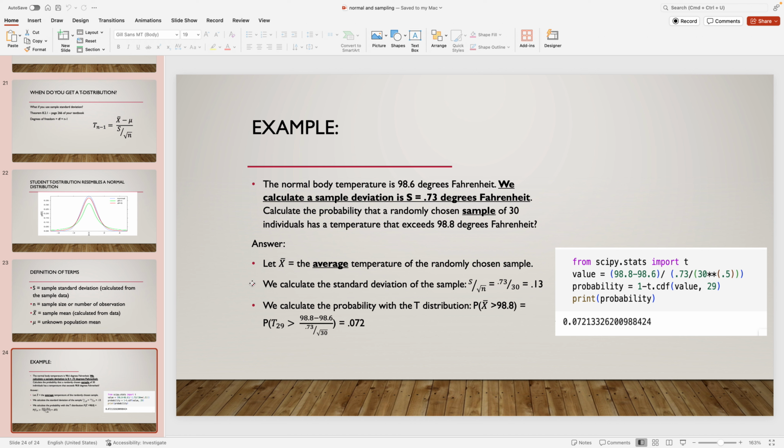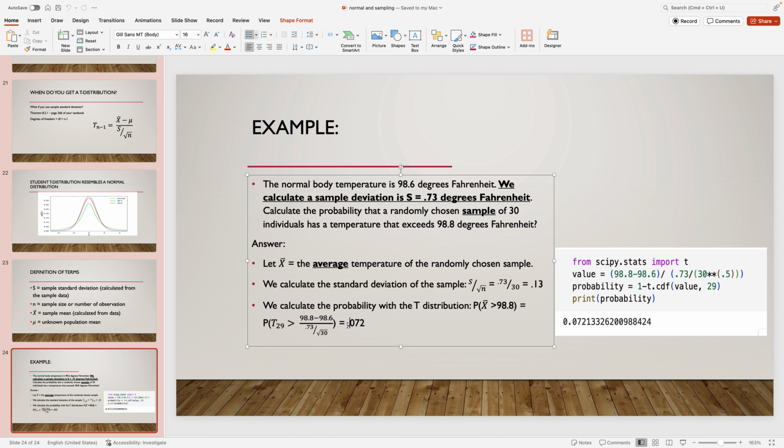So we're going to calculate the standard deviation. Again, it's 0.13. And we calculate this probability with the t-distribution: the probability that the sample average exceeds 98.8 is equal to the probability the t-distribution with 29 degrees of freedom exceeds this number listed here. You have to calculate exactly what that value is.